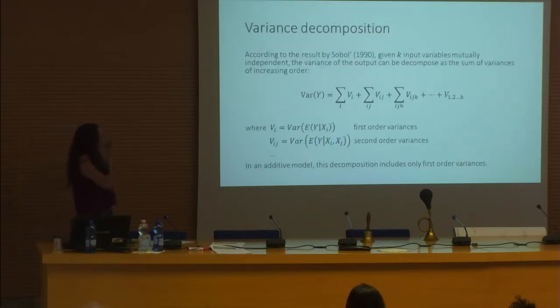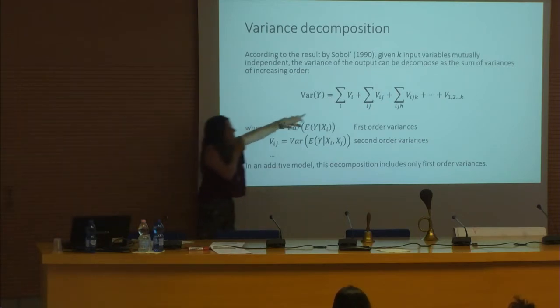According to a result by Sobol, the total variance, the variance of the output, can be decomposed in a sum of several variances. And these variances are in increasing order. What do I mean?